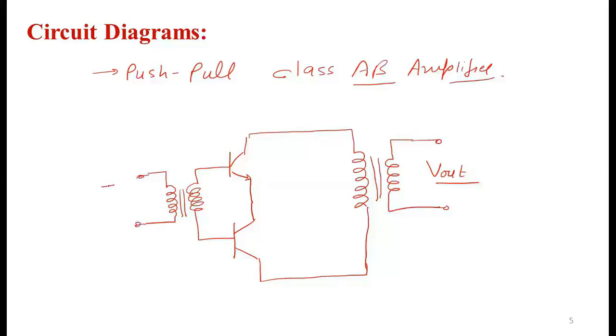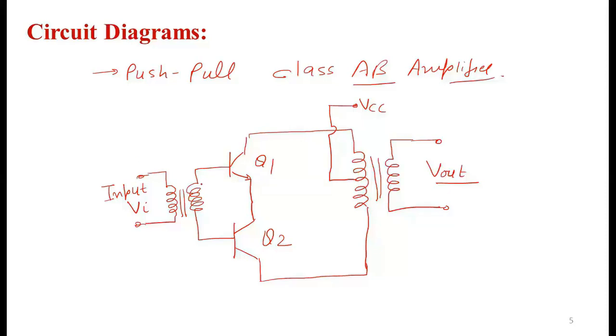Here we apply the input voltage signal, that is Vi. This is the transistor Q1 and this is the transistor Q2. VCC is connected to the center tapping of the primary winding of the output transformer.